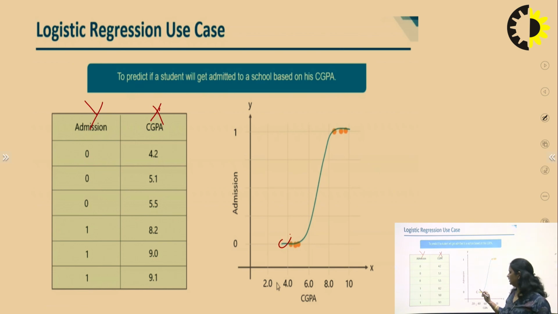So there will be a value of 0 or a value of 1 based on the CGPA. Because logistic regression is based on the sigmoid function, there is a graph shaped like an S, and the values will be between 0 and 1, and yes, this is a threshold value.